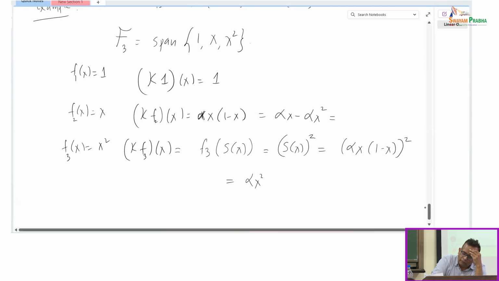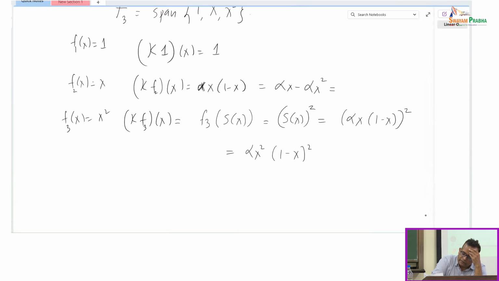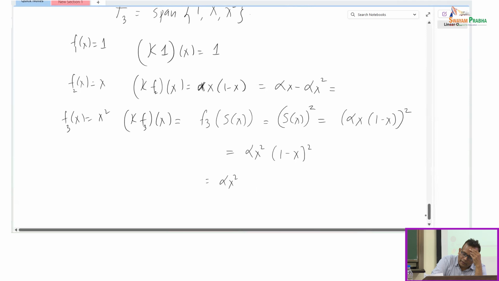This will be alpha x square and 1 minus x square, which is alpha x square times 1 minus 2x plus x square, which is alpha x square minus 2x cube plus alpha x power 4. See what is happening?